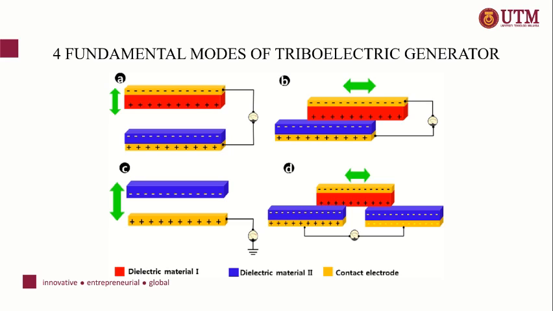Figure C is the single electrode triboelectric generator, and the last figure will be the freestanding triboelectric layer-based generator. Before I proceed, I am going to explain a bit about these fundamental modes.